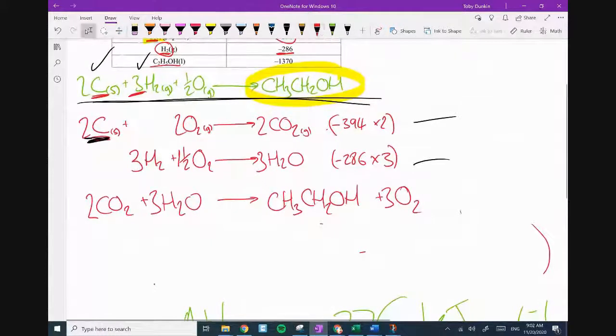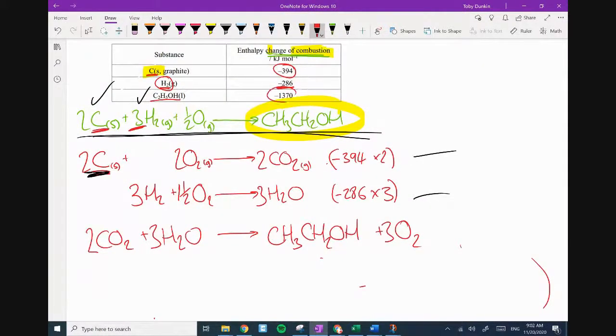I've reversed it. Now what that means is, in terms of my data, that value must be flipped. The sign must be flipped. So that's now going to be plus 1370 in brackets. I've just reversed the whole equation. If I flip it over, I flip the enthalpy sign because it's the opposite.